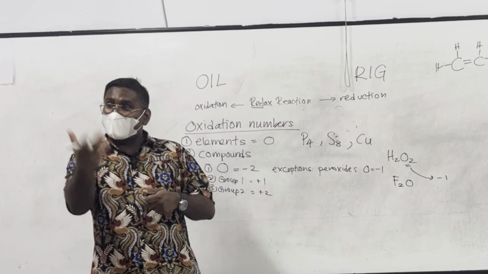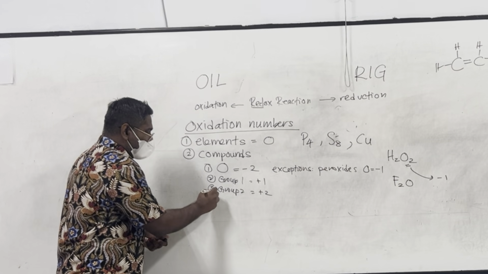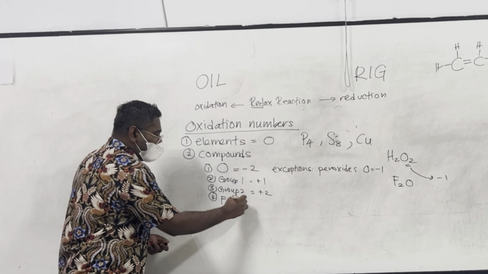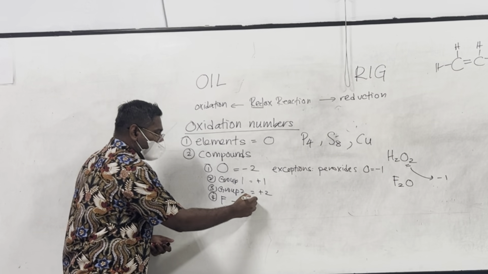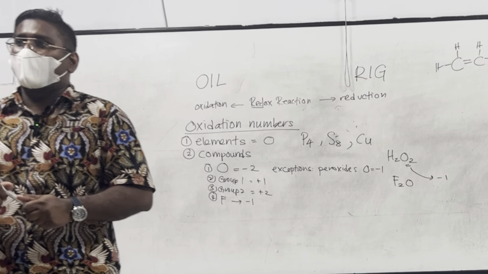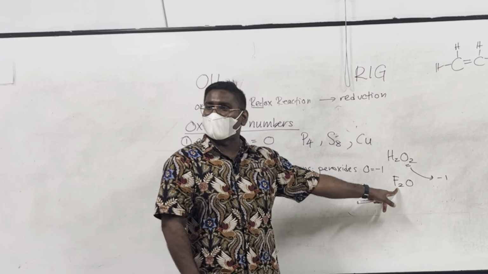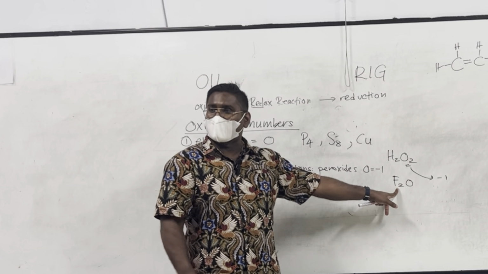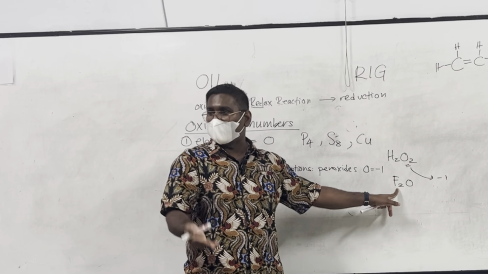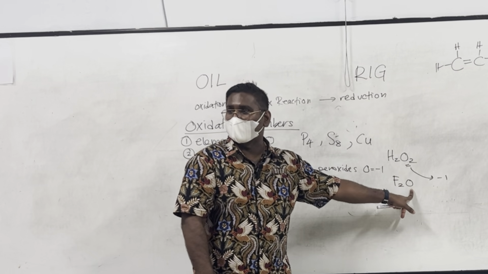Now, F in a compound is also special. F in a compound is always going to be -1, always. So if F is -1, -1 times 2 is -2, so this one must be +2.